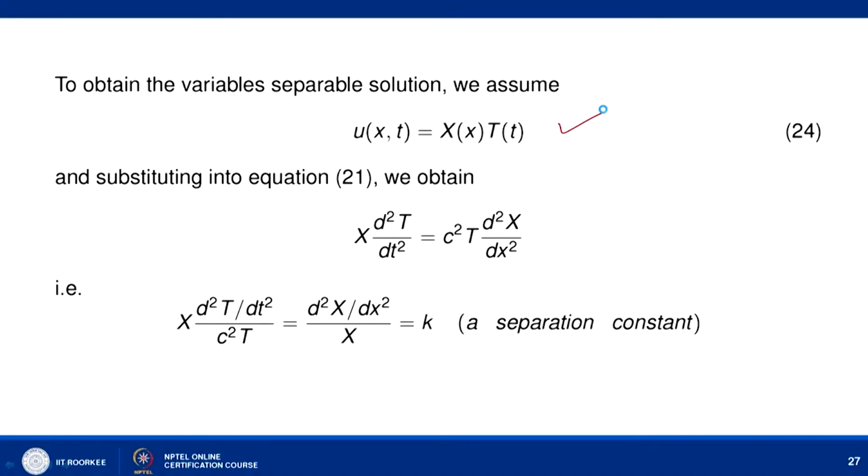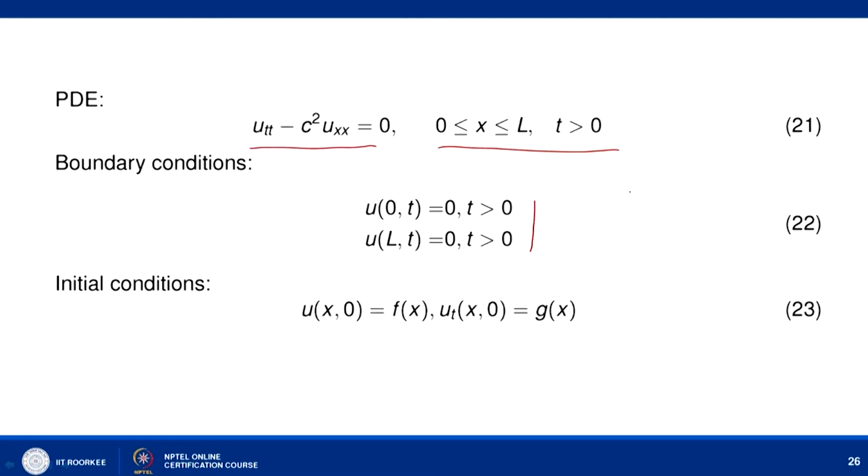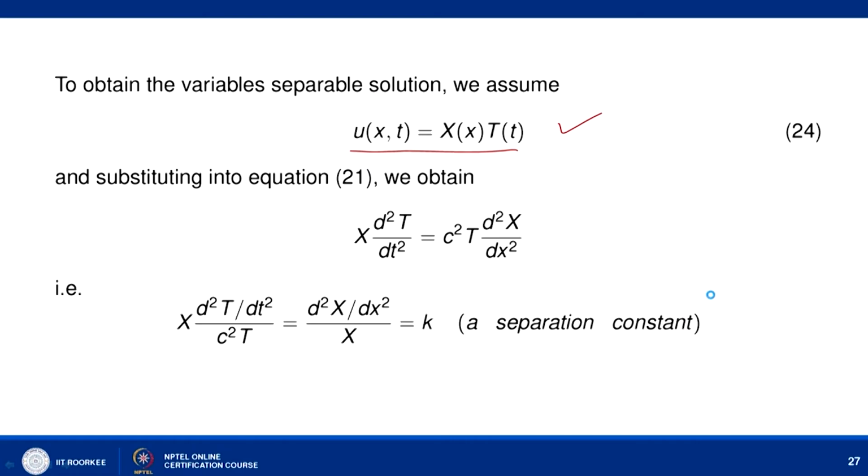If you put u x t equal to X of x T of t, then your problem is u t t equal to c square u x x. Then you will write T double dash X equal to c square X double dash T, divided by X T. So, you will get T double dash upon c square T equal to X double dash upon X. That is what is written here.